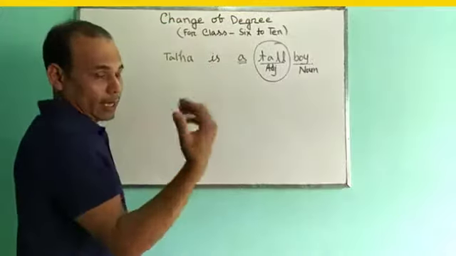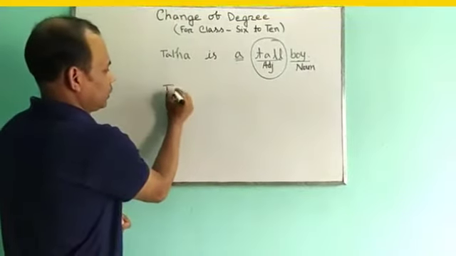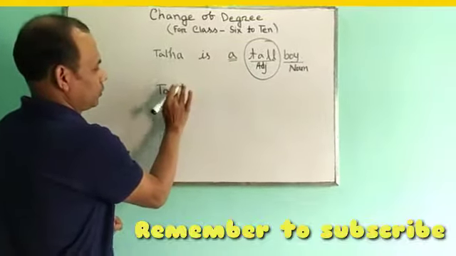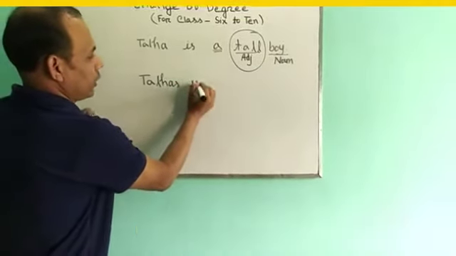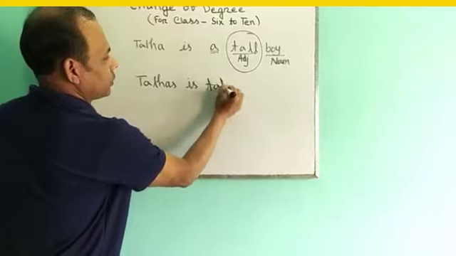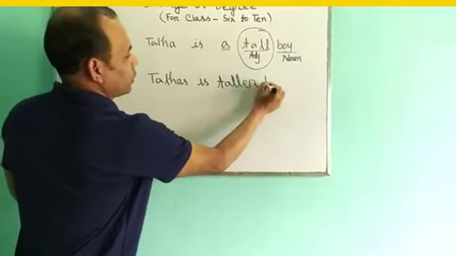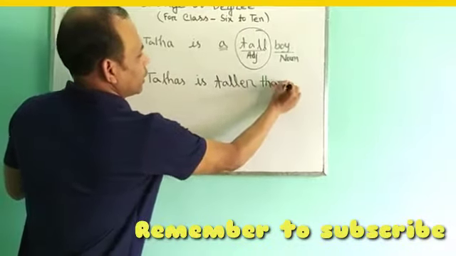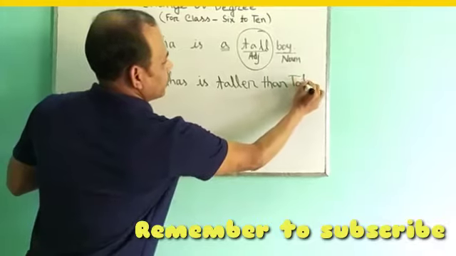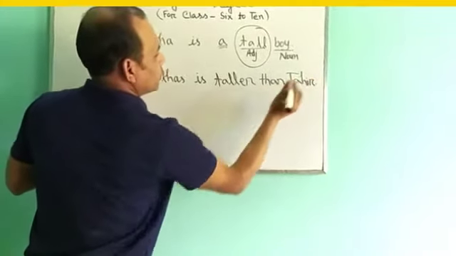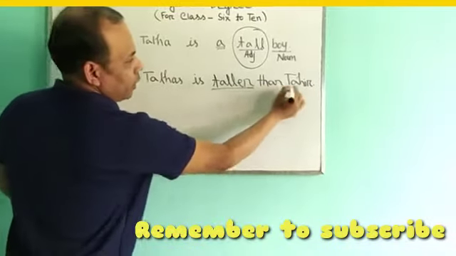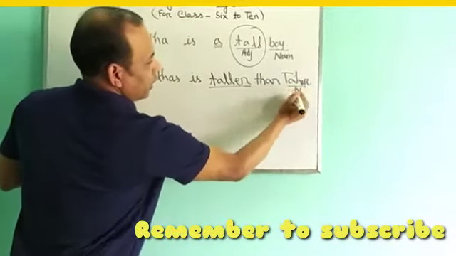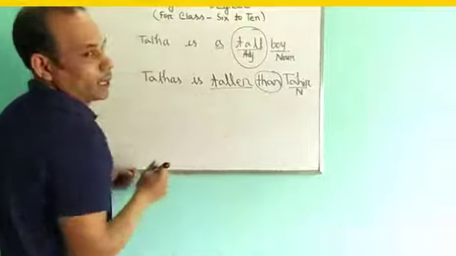I am writing another sentence. Talha is taller than Tahir. Here taller and Tahir is a noun, and this is the word "than".